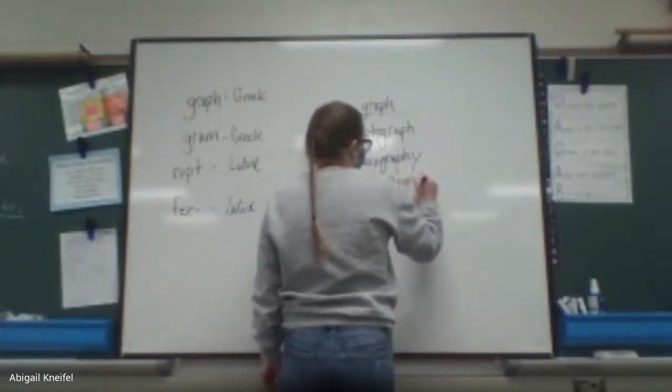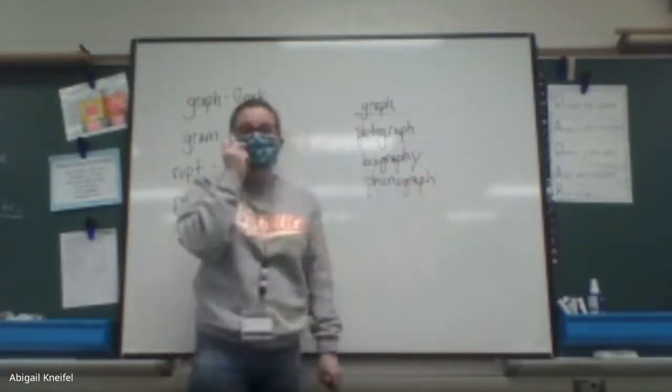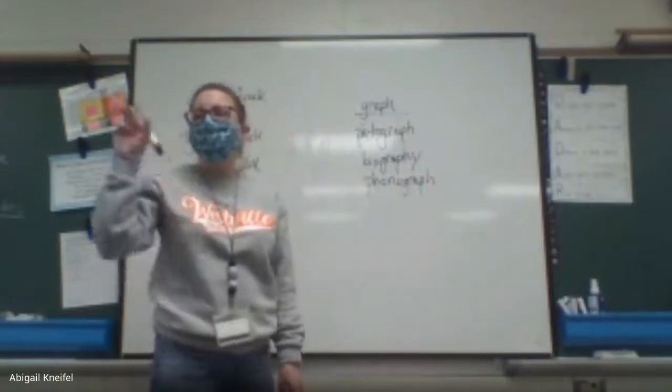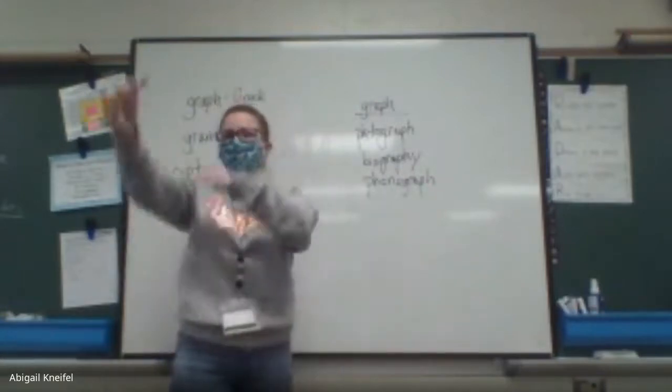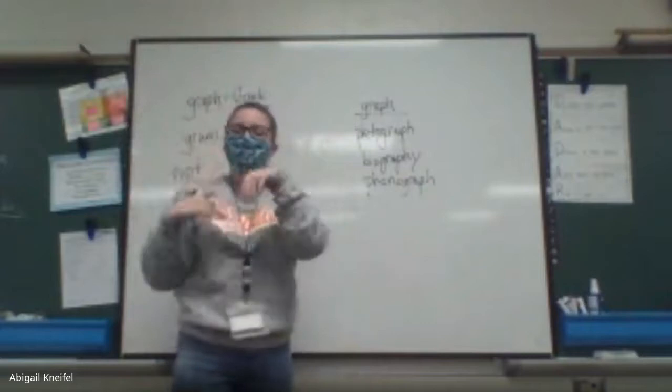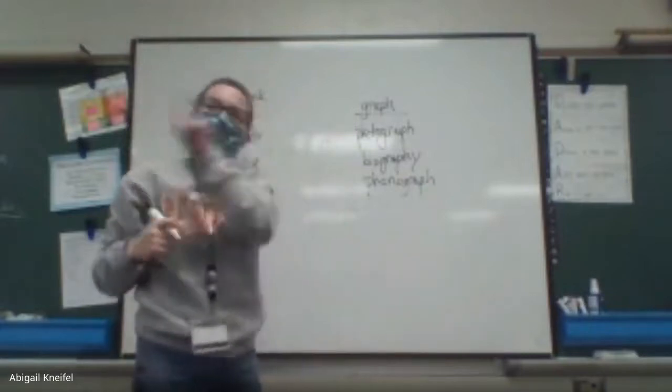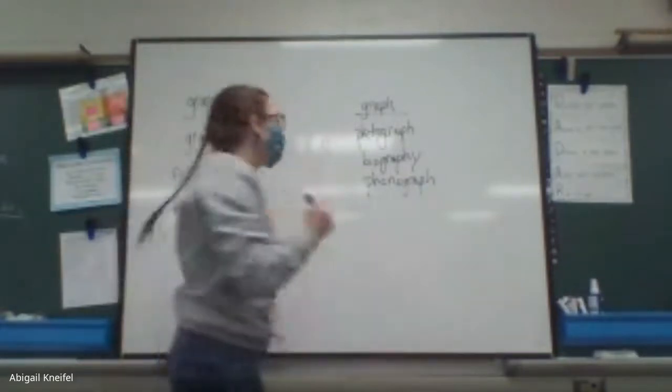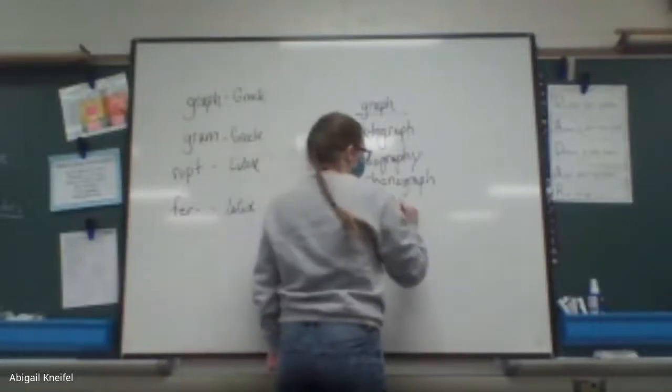All right. What else? Anyone else? How about how you should write things when you're writing a story? They're breaking into what? Anyone? Olive? Paragraph. Mrs. Kneifel, I don't know how to spell it, but is calligraphy one? Yes, calligraphy is one. That's one I have on my paper.